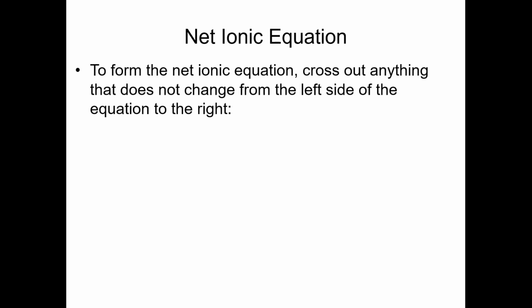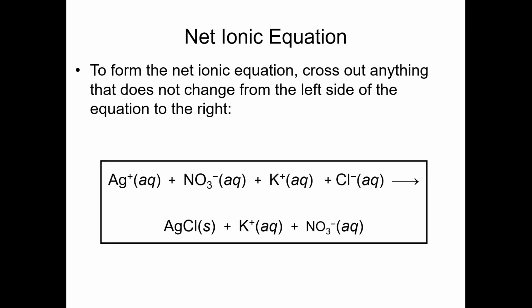Now, the next thing to do is to take that equation that I just had, the ionic equation, and look for things that appear to be exactly the same on both sides of the equation. And so if you look carefully at this, you'll see that there is an aqueous nitrate ion on the left-hand side of the arrow, and an aqueous nitrate ion on the right-hand side of the arrow.